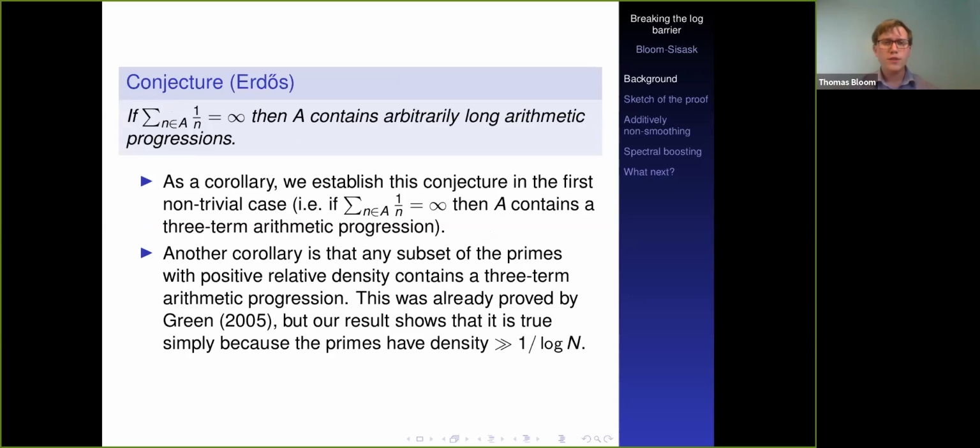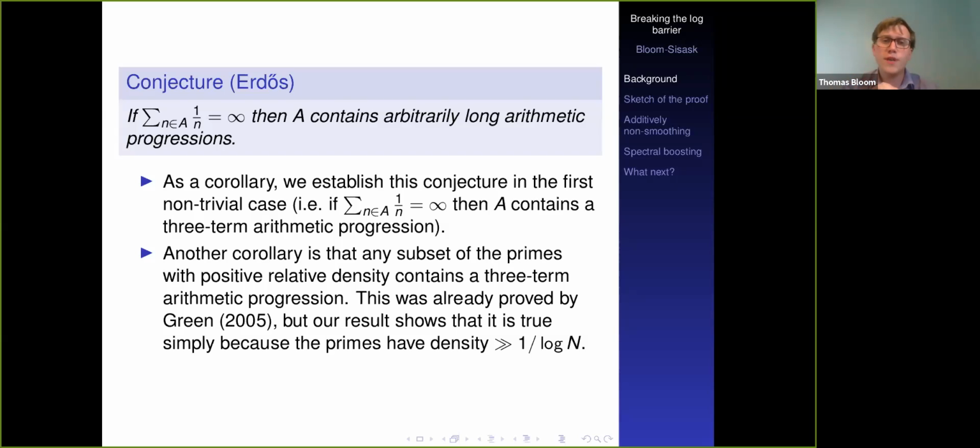So Erdos conjectured that if you have a set of integers A of which the sum of reciprocals diverges, then A contains arbitrarily long arithmetic progressions. And in particular, this roughly corresponds to achieving a density barrier of n going past n over log n.